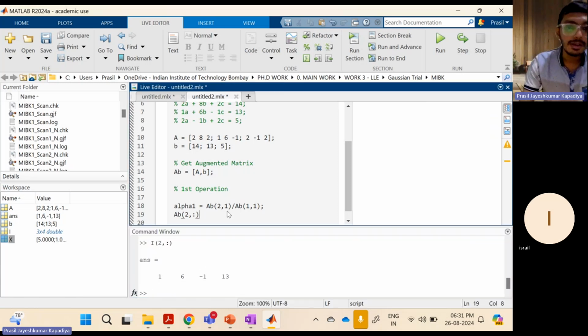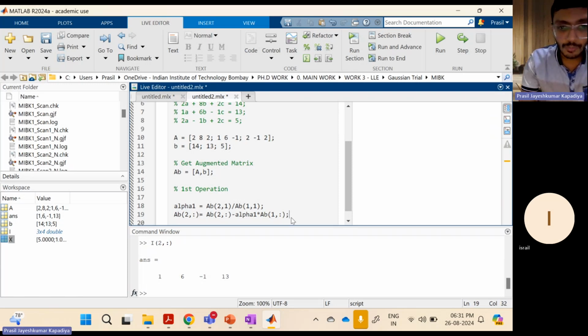Then I subtract alpha 1 times R1, where R1 is the augmented matrix first row, all columns. So it will be my new augmented matrix. I will not change the symbol, else it will be difficult. So this is my new augmented matrix second row.